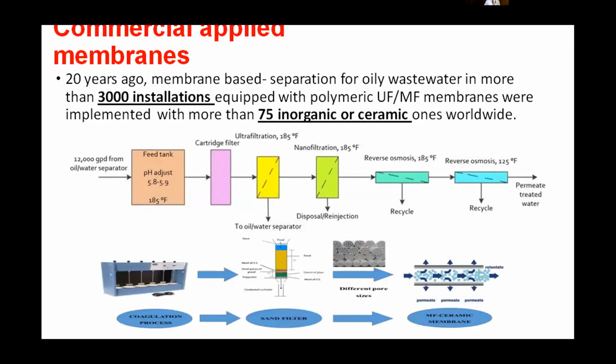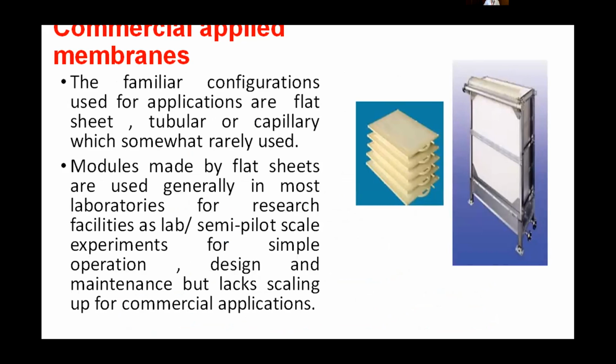Here we want to say that commercially applied membranes in the field of oil-water emulsions were found in around 3,000 installations. It was applied more than 20 years ago for many types of membrane and many structures, like the modules for the flat sheets, as seen in the slide.